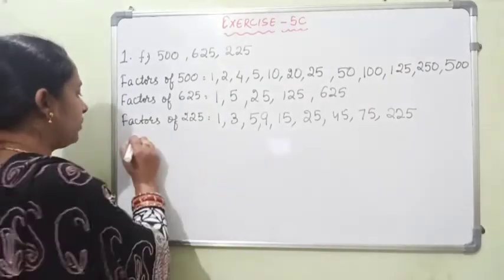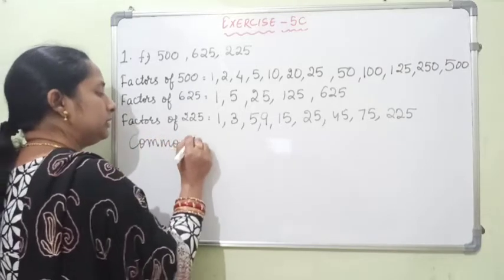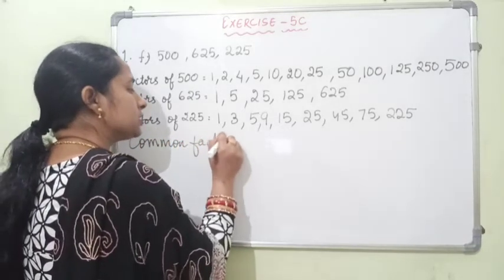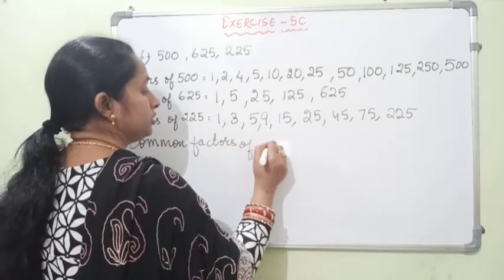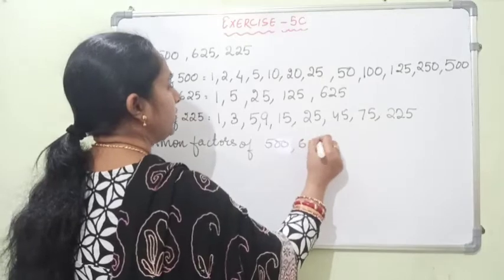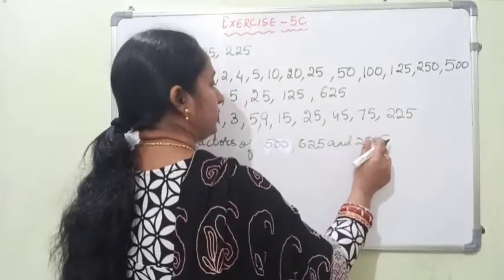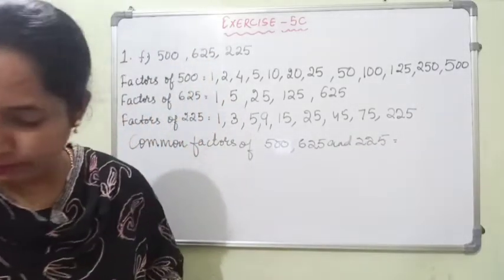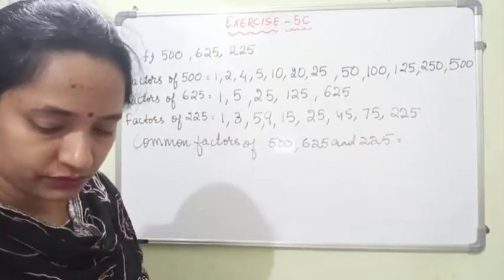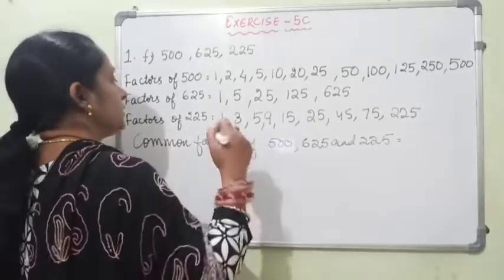So for this, first of all we have to find the common factors of 500, 625 and 225. Okay, what are they? How will you find them? Let us mark the common factors from all the factors of these three given numbers.